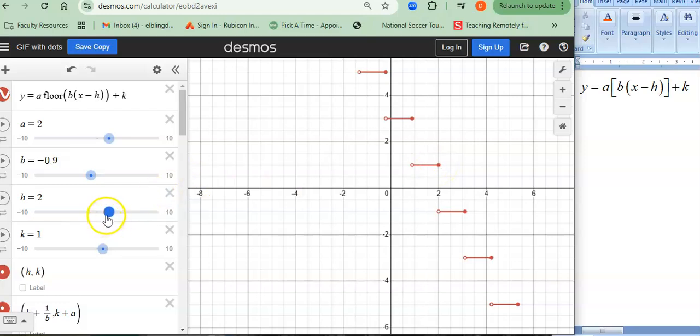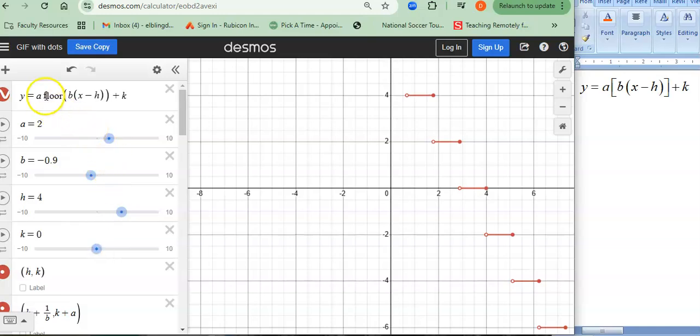And if I were to change my h value, which is side to side, to let's say 3, then that filled in dot moves to a position where it has an x value of 3. If I were to change it to 4, it moves to have an x coordinate of 4. And if I change the k value to be larger, then it moves up or down. I make it negative.